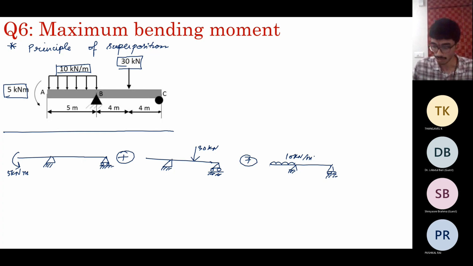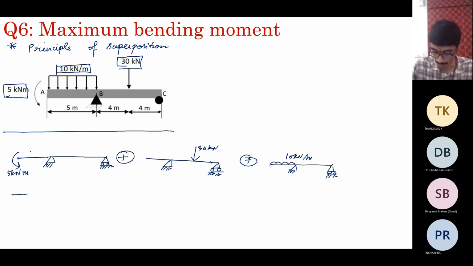So now it is simple. What is the bending moment diagram? In this case, if you take a section anywhere in between, it doesn't have any force. There is no shear force in this, since there is no force acting at this span.